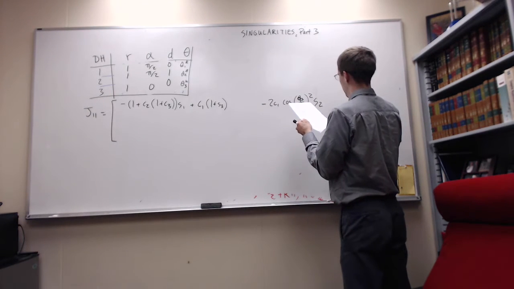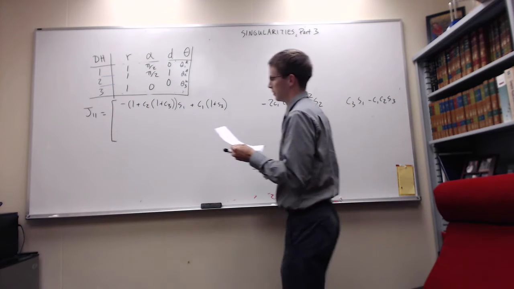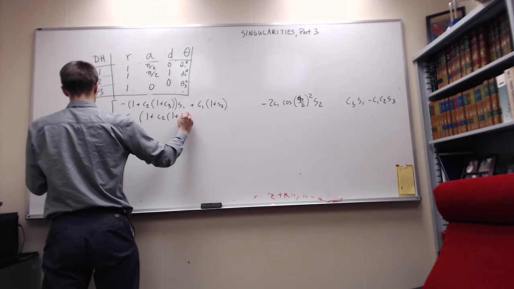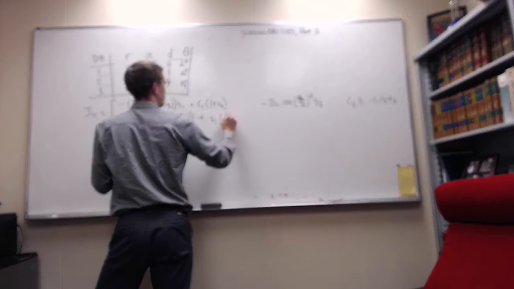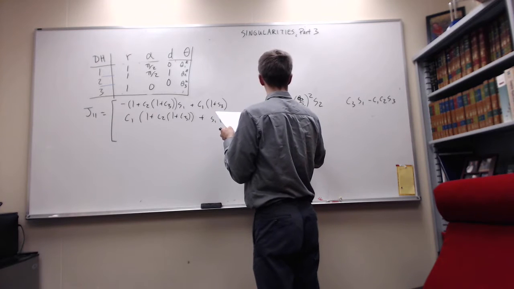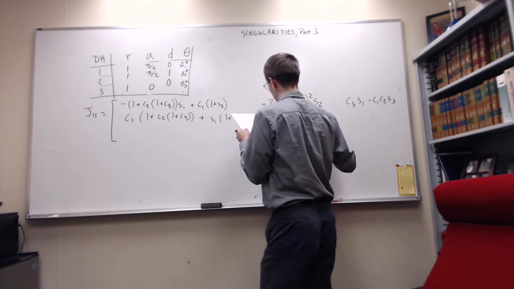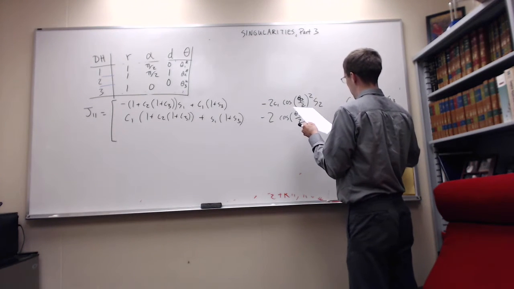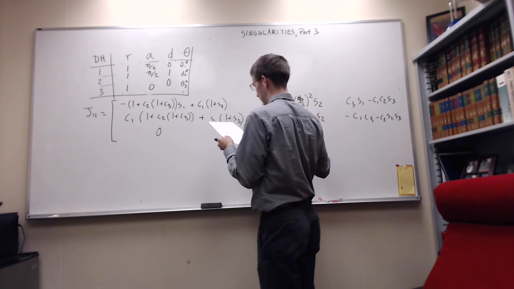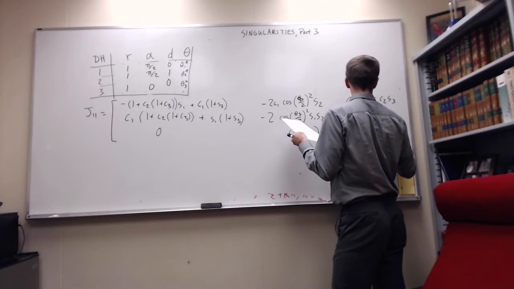Our final entry here is C3, S1 minus C1, C2, S3. Next row we've got C1, that's 1 plus C2, 1 plus C3, plus S1, 1 plus S3, minus 2 cosine of theta 3 over 2 squared S1, S2, minus C1, C3, minus C2, S2, S3. Then 0, C2, 1 plus C3, S2, S3.